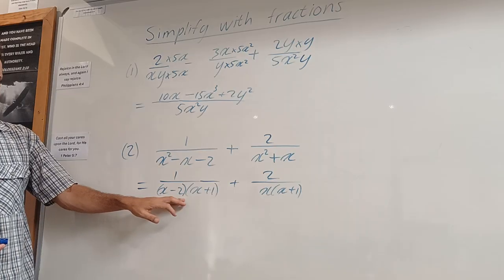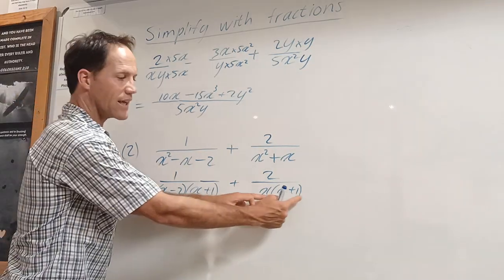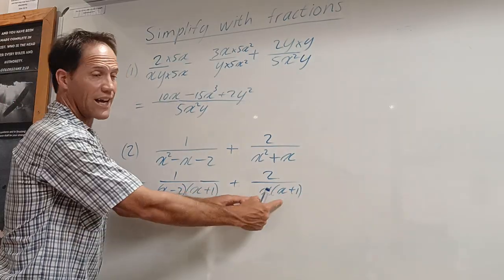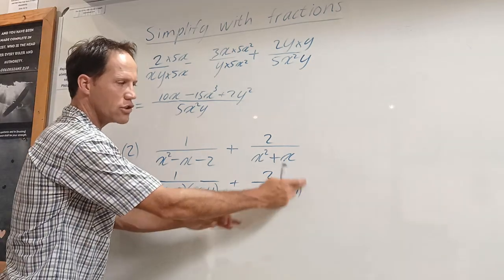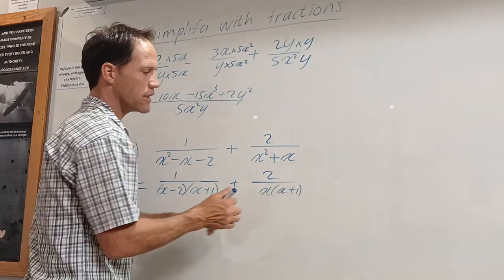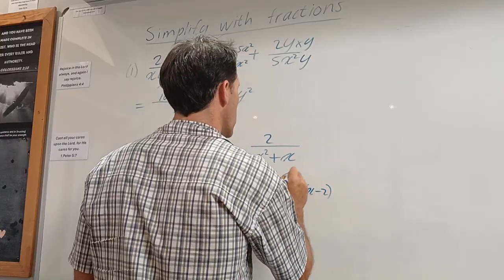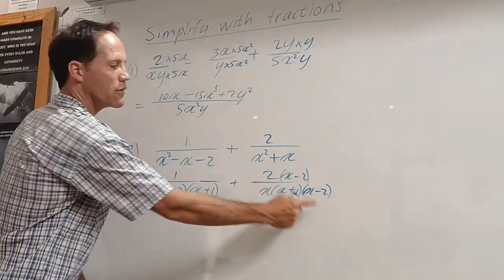And now it's easier to see that this one has an x plus 1, this one has an x plus 1, this one has an x minus 2, this one doesn't. So to make the denominators the same, I need to put an x minus 2 on this side. So I'm going to put an x minus 2 over there on both sides, x minus 2 on both sides.